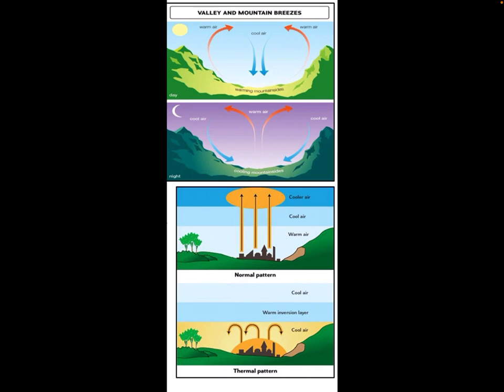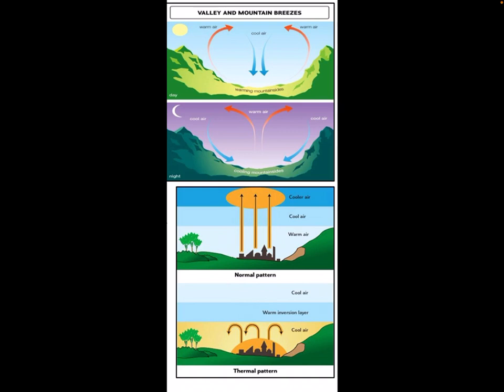Second is a long winter night. The third is a snow covered ground surface, which has high albedo. And fourth is the presence of dry air near the ground. So these four conditions: first is a cloudless sky, second is a long winter night, third is high albedo snow covered ground, and fourth is the presence of dry air near the ground.